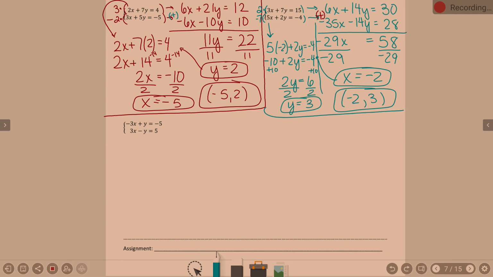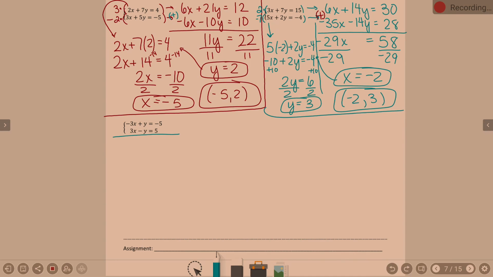Last one. What do you want to eliminate? X's. Here's the deal. Is it set up for elimination already? Yeah, if your brain sees the x's, they're both 3 x's, and they're opposite signs. You have a positive and negative, so you're adding.